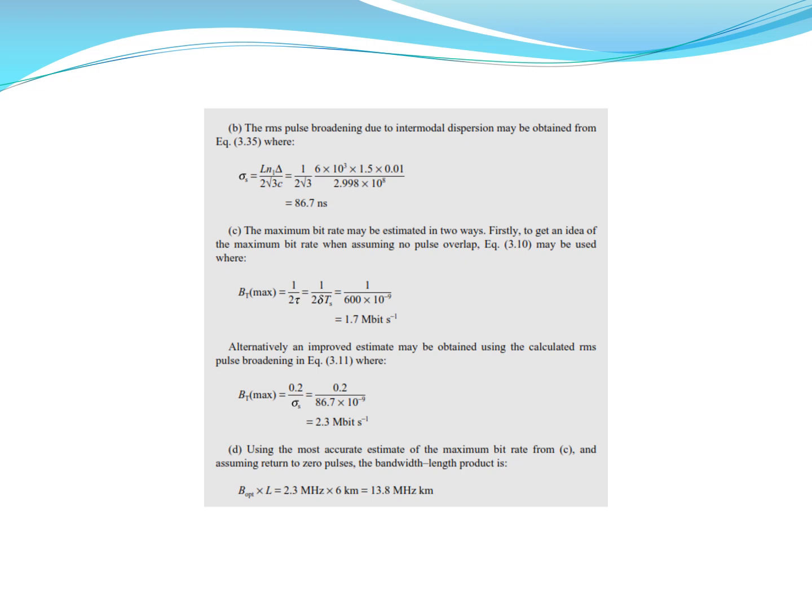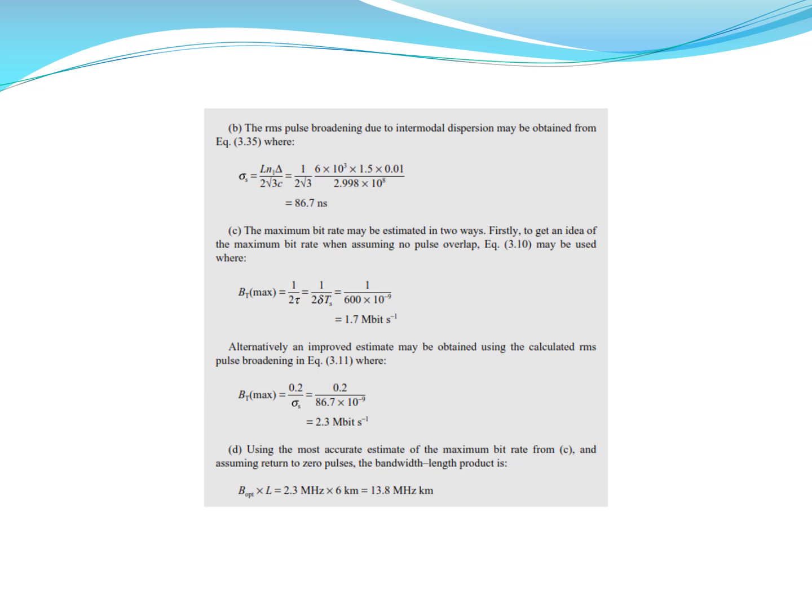Then we have to find the maximum bit rate. The maximum bit rate is Bt max equal to 1 by 2 tau, or 1 by 2 delta Ts, where tau and delta Ts are the delay differences or pulse spreading in the fiber. On substitution, I get 1.7 Mbps, that is megabits per second.